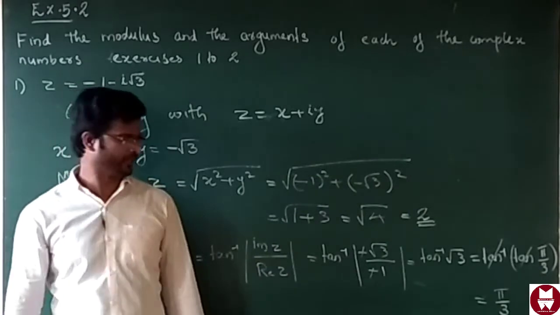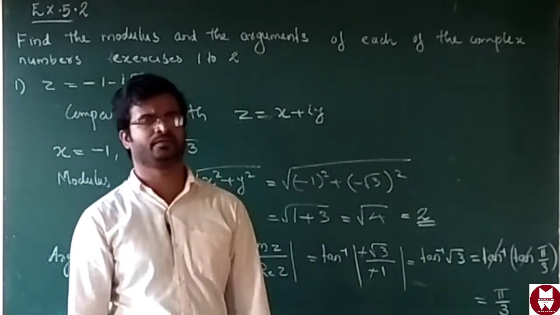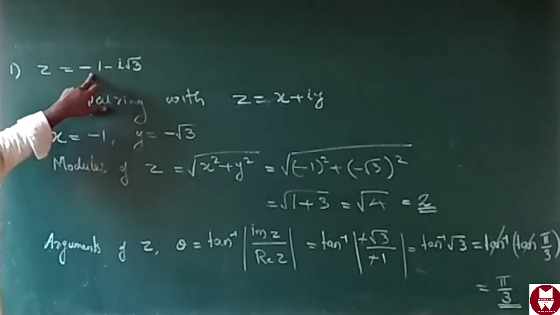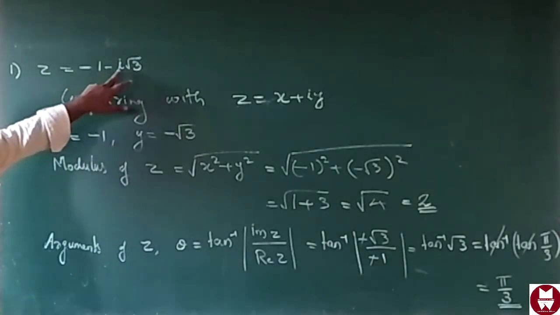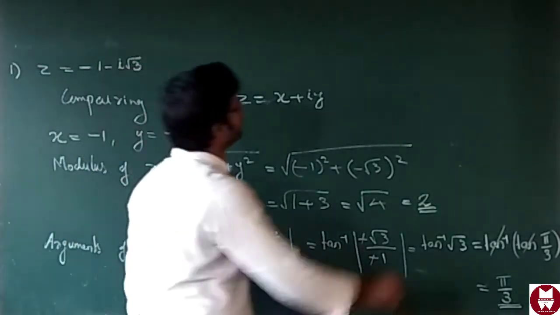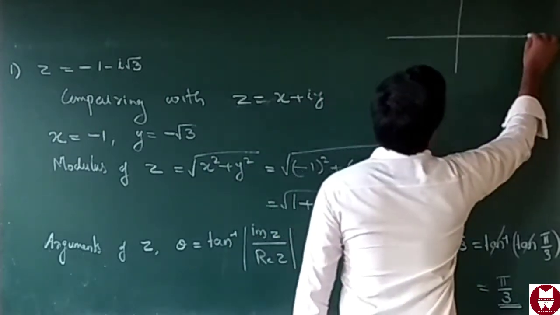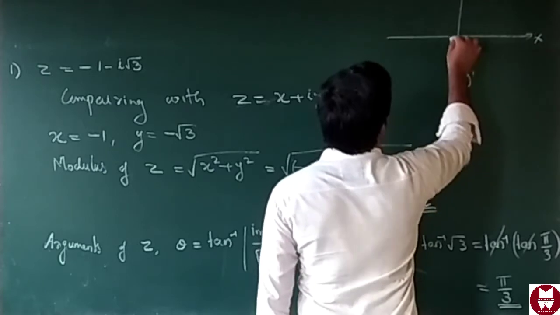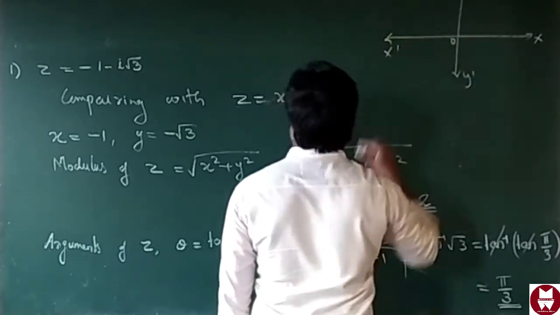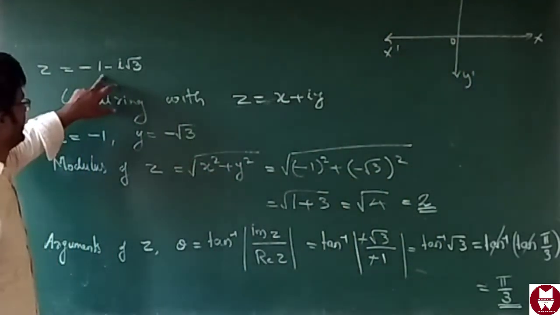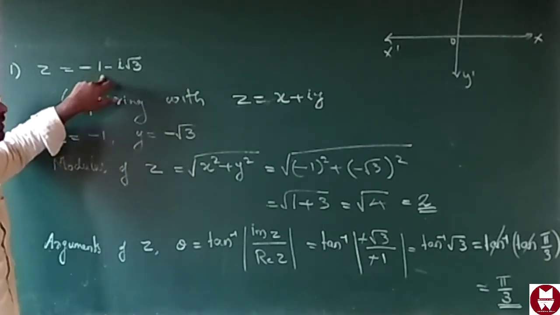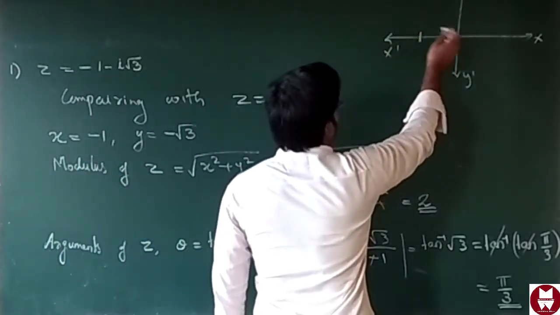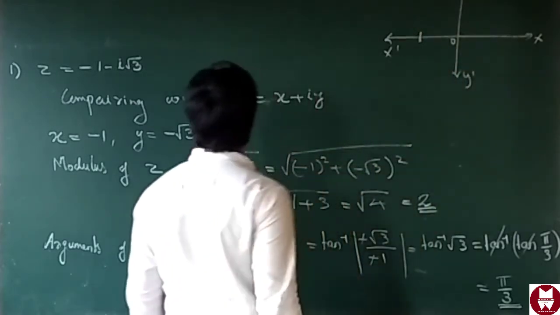Then we cannot write this pi by 3 directly. We have to check in which quadrant. The given complex number is -1 minus i root 3. X, y, y dash, 0, x dash. This -1 represents the x value. That means the negative side of the x axis, thus the left side of 0.